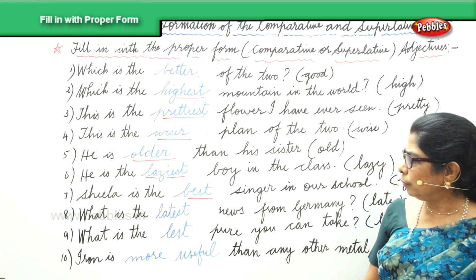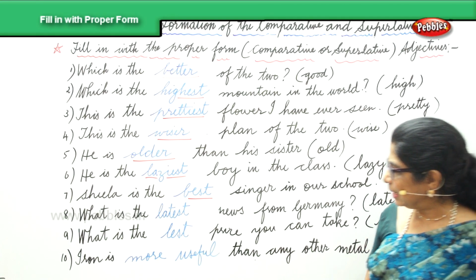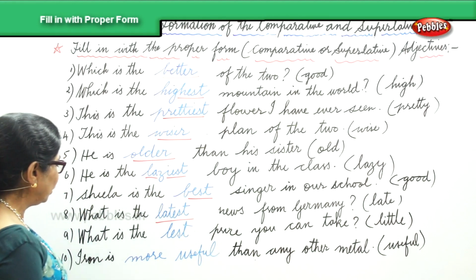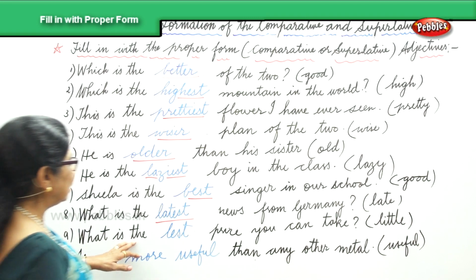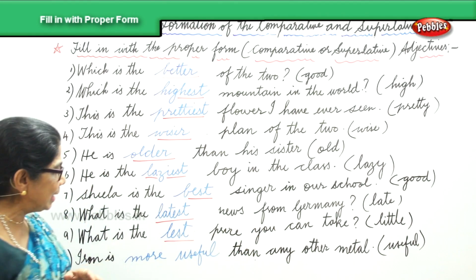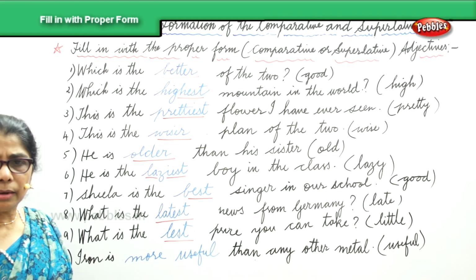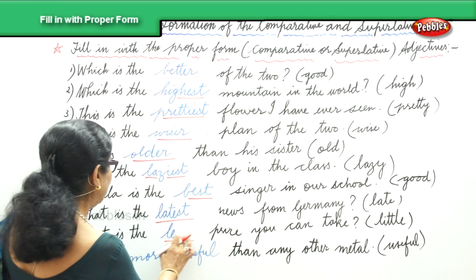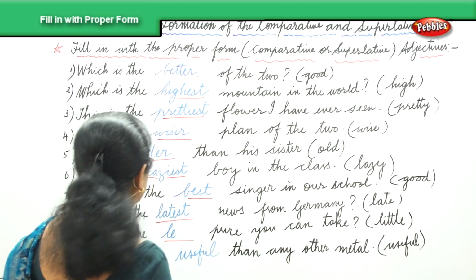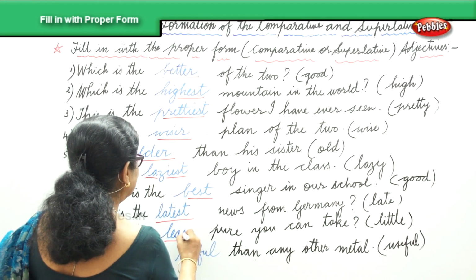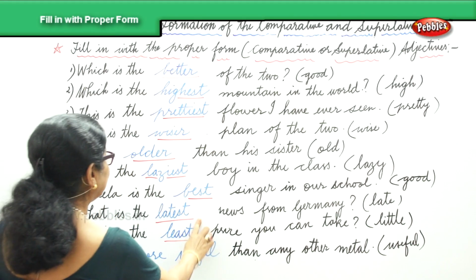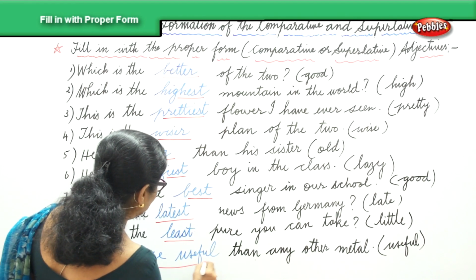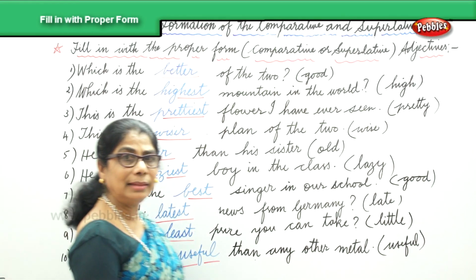What is the latest news from Germany? What is the least price you can take? And finally, iron is more useful than any other metal.